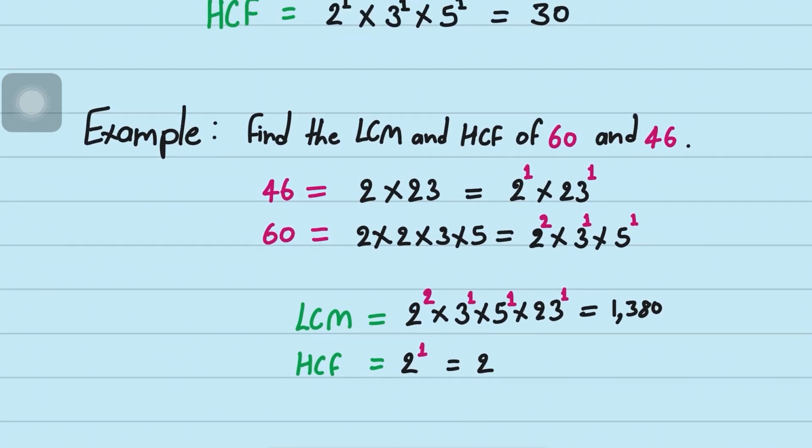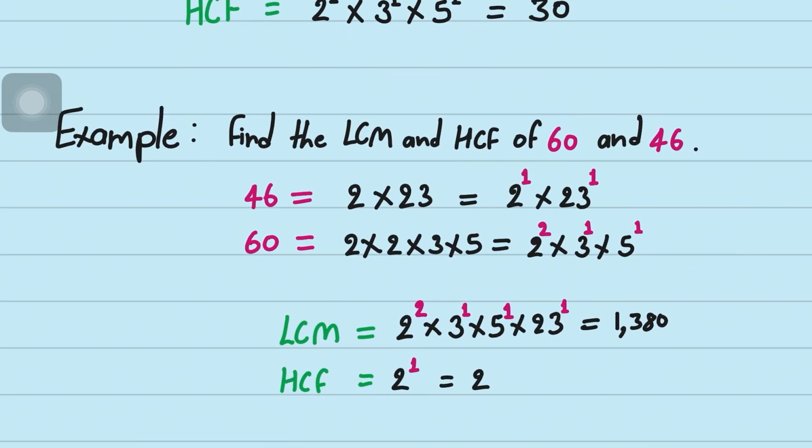Here is another example to help you understand LCM and HCF more easily. The question says, find the LCM and HCF of 60 and 46. Well, for 46, first we have to do the prime factorization. 46 has only two prime factors, 2 and 23.